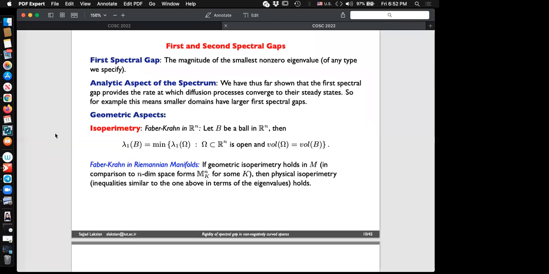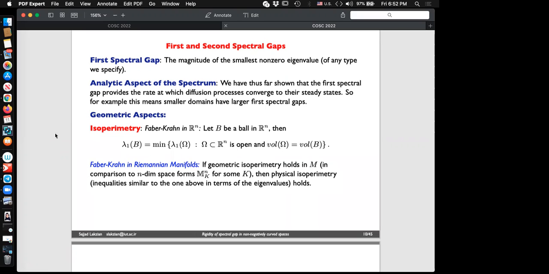Or from the geometric point of view, we can talk about the isoperimetric inequality and the relation between eigenvalues and the isoperimetry problem. For example, there is a theorem which says basically that you can pick out the ball from other subspaces with the same volume based on the first eigenvalue.